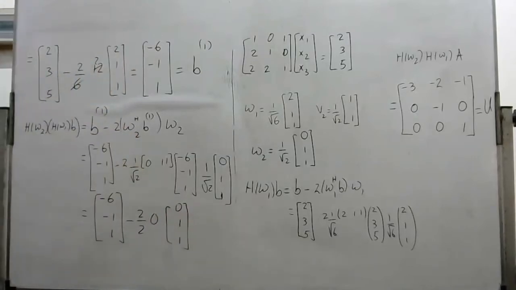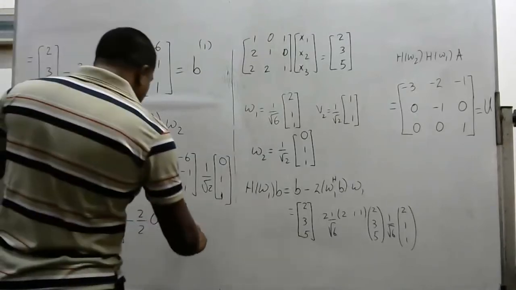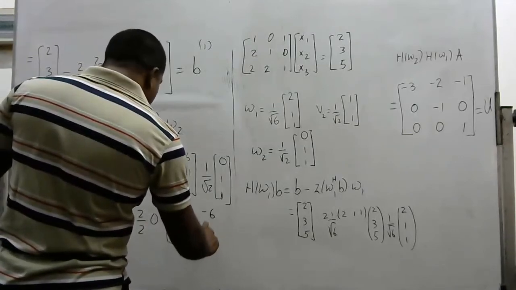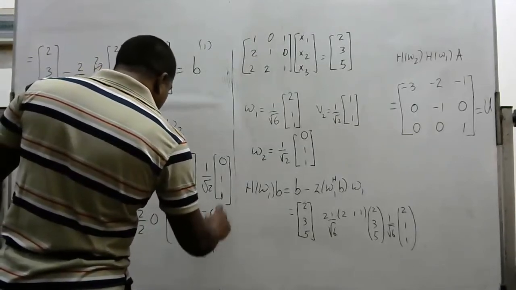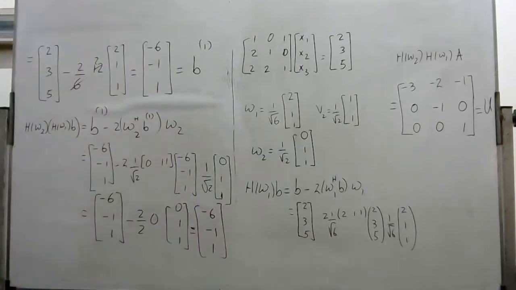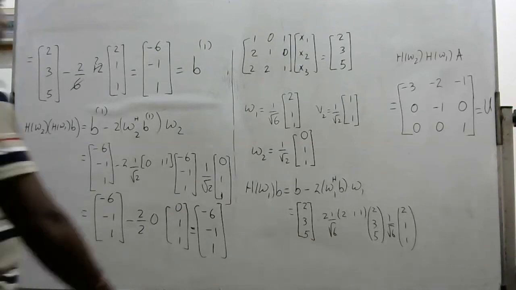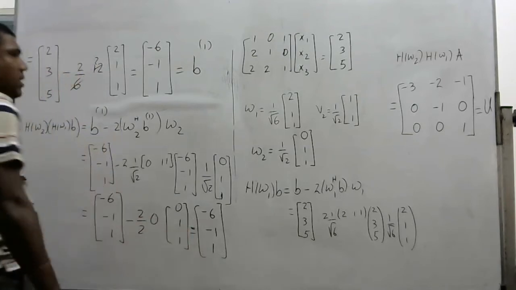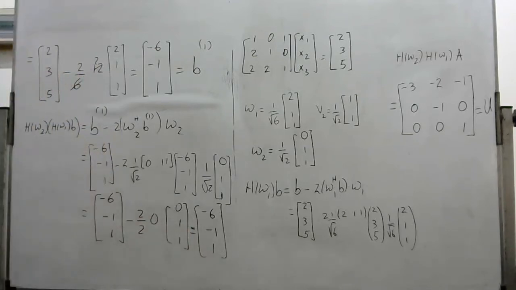So this side is clearly 0, and you get minus 6, minus 1, 1. So when you multiply the right hand side vector b, which is 2, 3, 5, by H omega 1 first and then H omega 2 next, you get a vector which is minus 6, 1, minus 1.